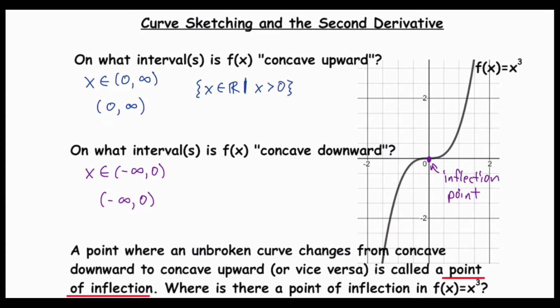Or, once again, set notation: x is an element of the reals such that x is less than 0. And once again, it's not less than or equal to. At the 0 point, it is neither concave up nor concave down. It is a point of inflection. It's a place where the concavity changes, so it does not have its own concavity at that point.